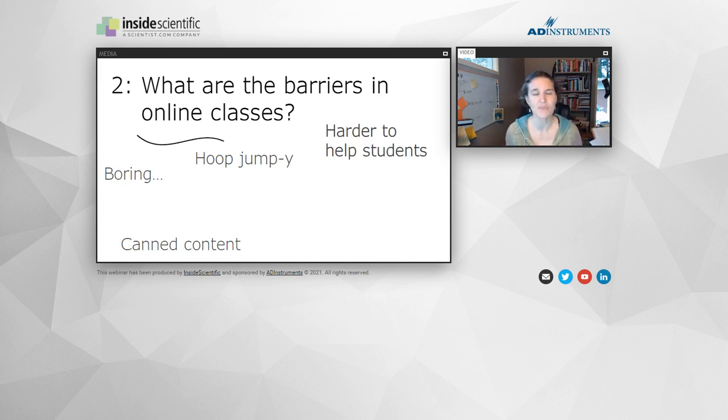Giddy up. If you are going to try something a little more adventuresome, like a kitchen lab or some of the things that we're going to be talking about here, it's harder to help students. In the face-to-face lab, one person comes up on a problem and you walk over, you solve the problem, and then you yell to everyone else. And everyone else hears the solution to that problem and you're done.